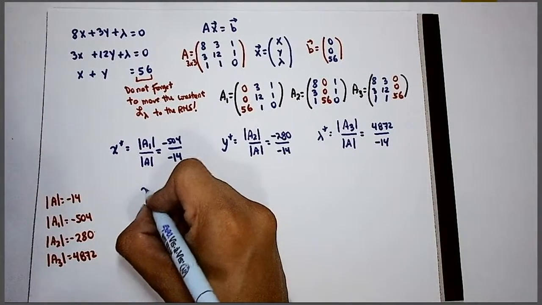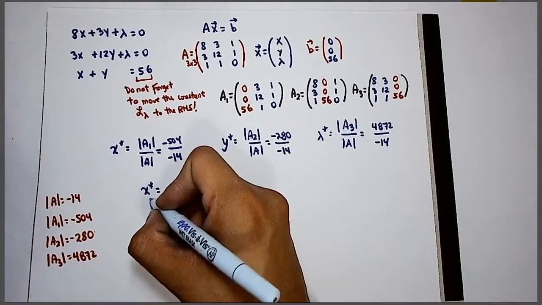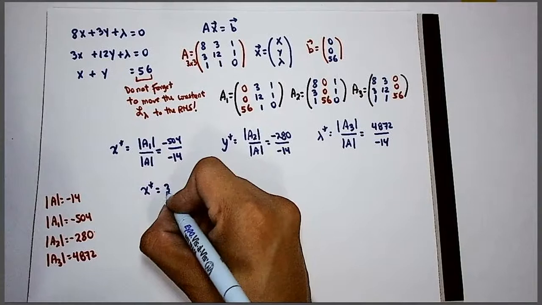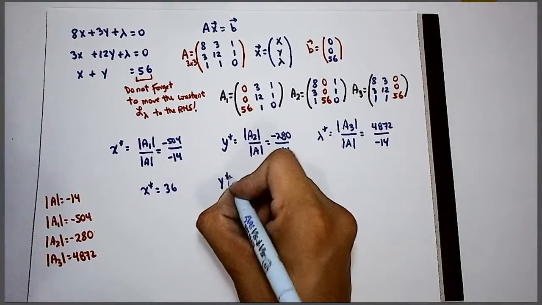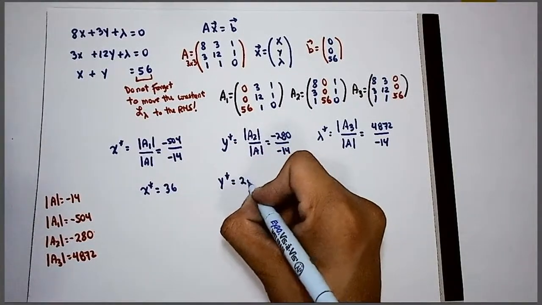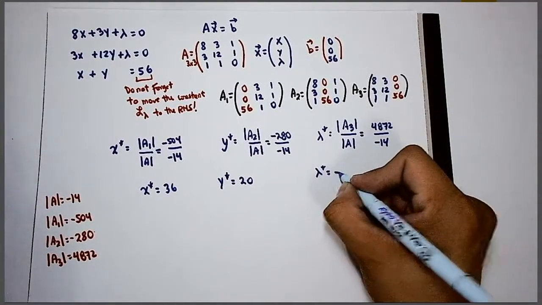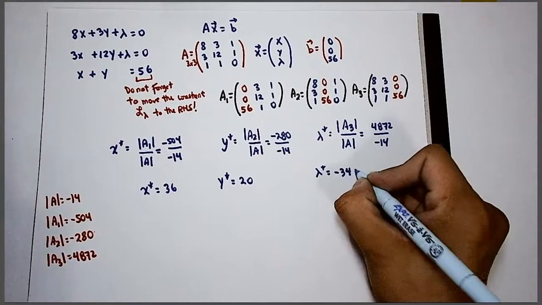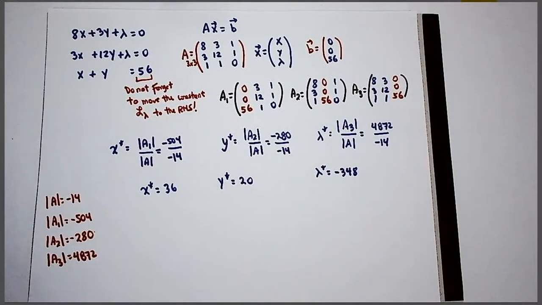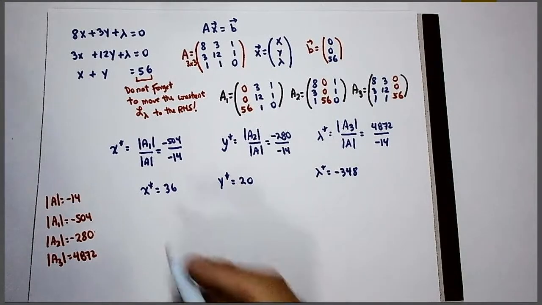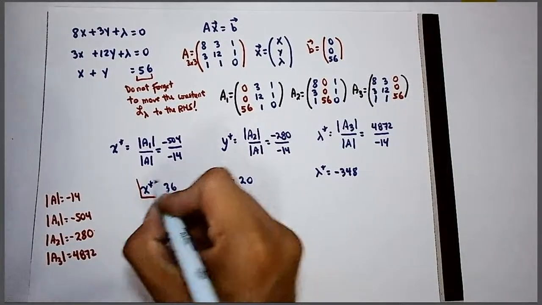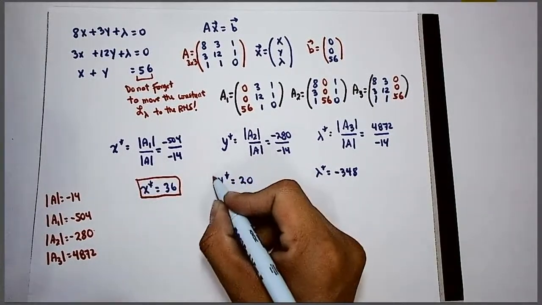This means that the optimal value for x is equal to 36, for y is equal to 20, and for lambda, the optimal value is minus 348. The important ones here for now are x and y.